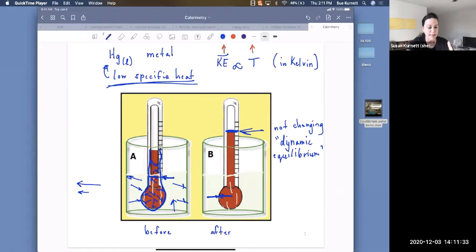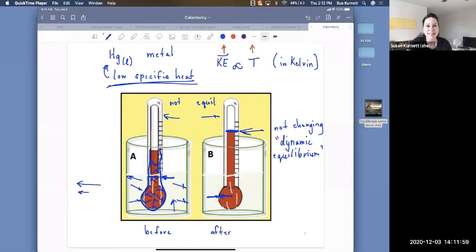So what that means here is when I put the cold thermometer in the hot liquid, and we go from the place of not at equilibrium to at equilibrium, very little energy has left the water and gone to the thermometer. But the thermometer stops moving because the average kinetic energy is the same, and then we measure it and we can read the temperature.